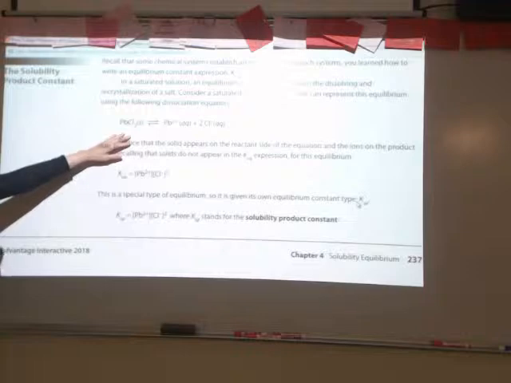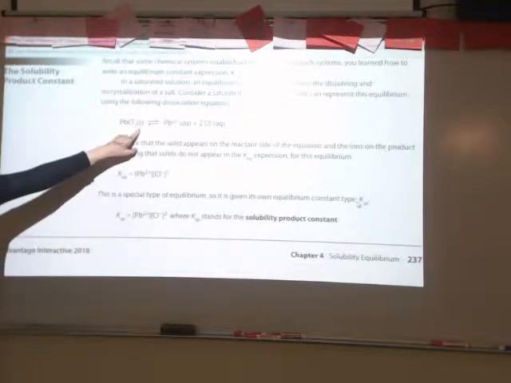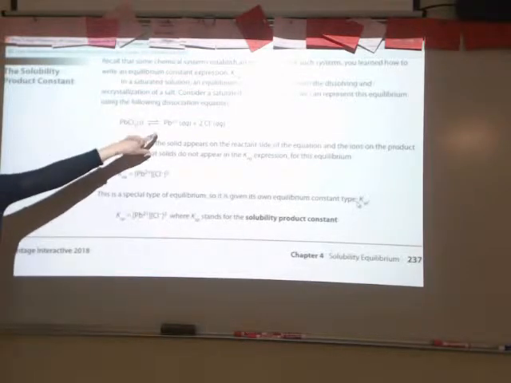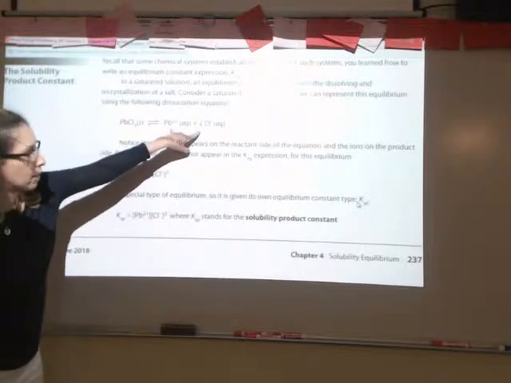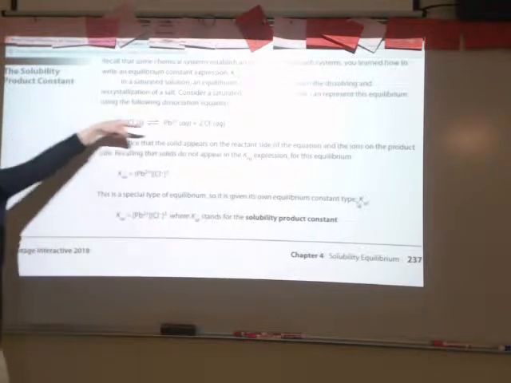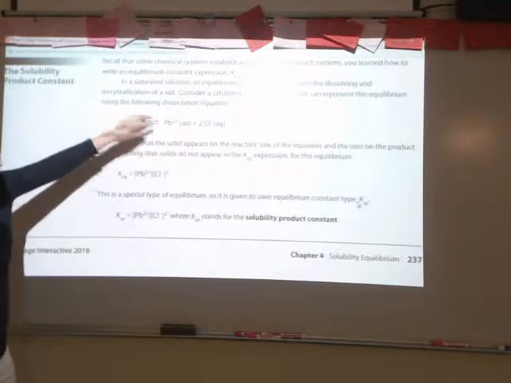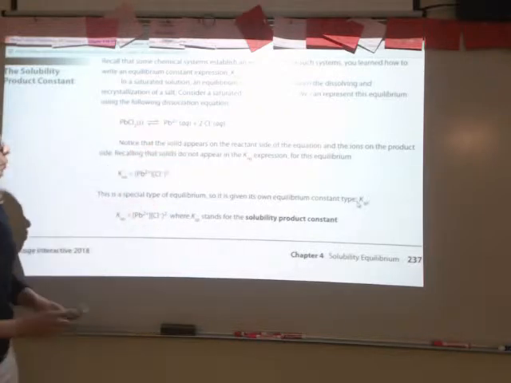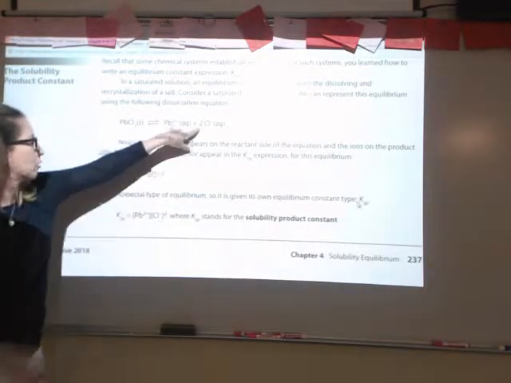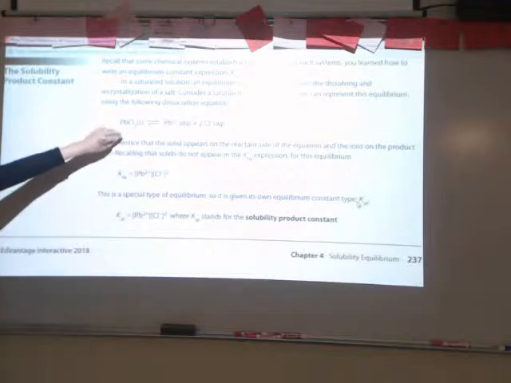So notice that when we're at equilibrium with a saturated solution, I have a solid on the reactant side. I have double arrows, and I have my ions on the product side. So the rate of the forward reaction where I'm dissolving this solid to create the ions is going to be the same as the rate of the reverse reaction where these ions are coming together and recrystallizing.